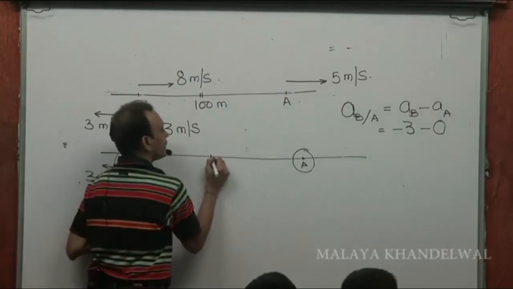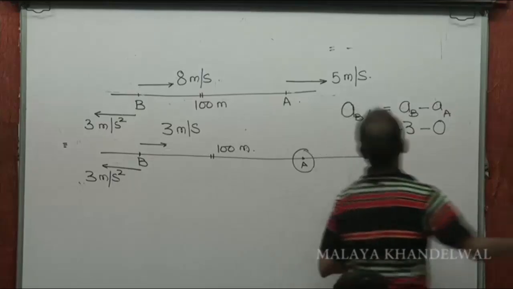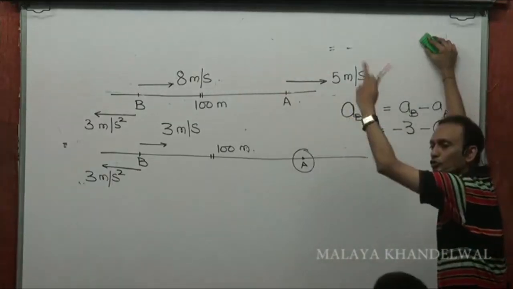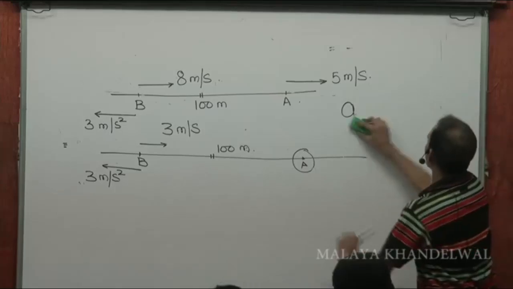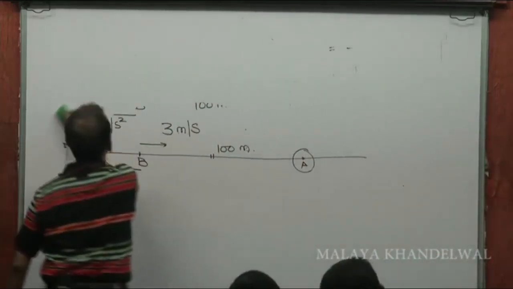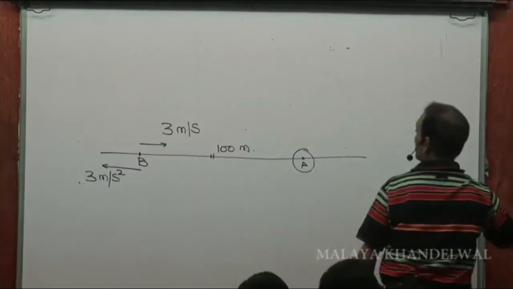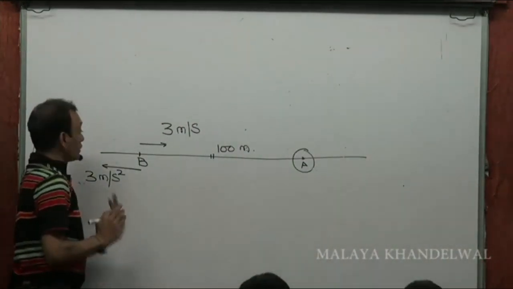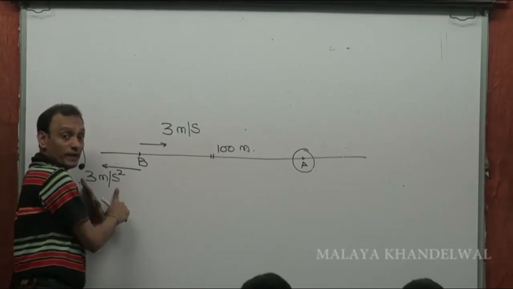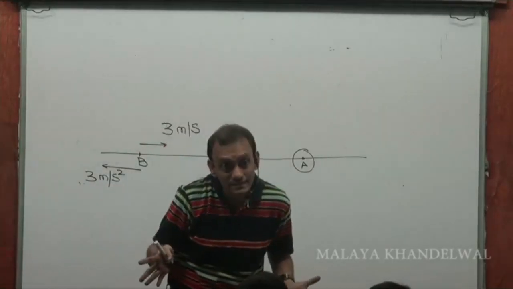Now, the separation is 100 meters. Now I forget all about this. Can I remove the clutter from the top and just focus on this? If someone just gives you this problem to solve, it's a case of constant acceleration of B. So I can apply v squared minus u squared is 2as.